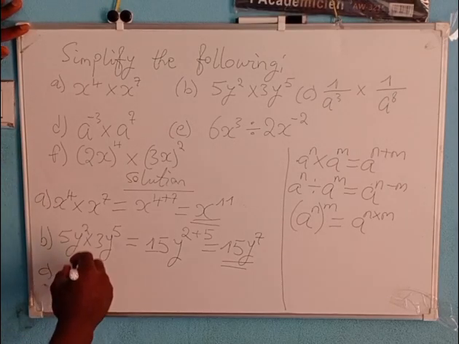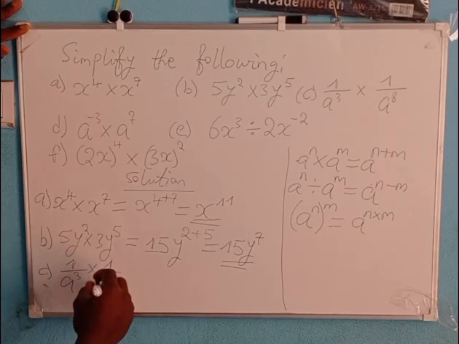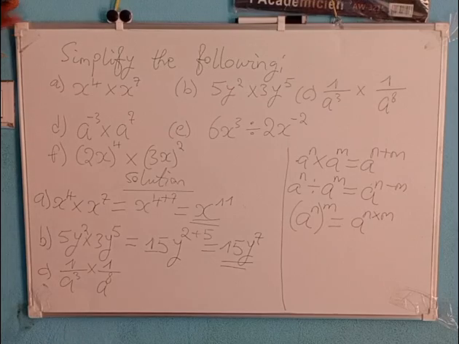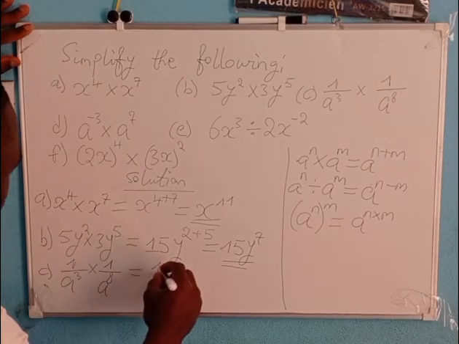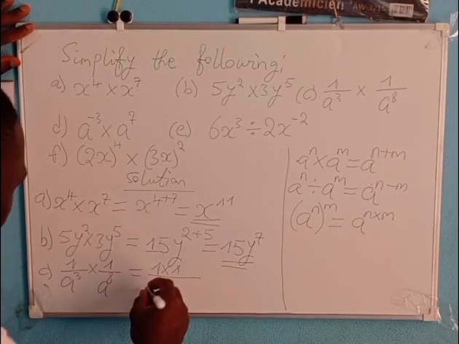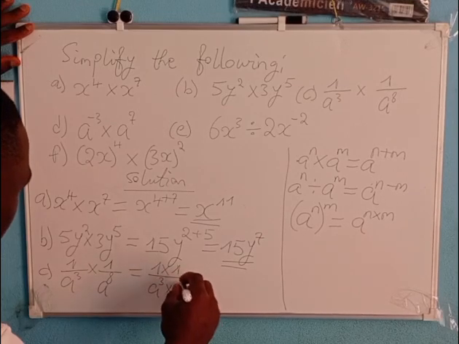We go now to C. For C, we have 1 all over a cube times 1 all over a raised to the power 8. For us to answer this, we have two fractions and we are multiplying them. We are going to multiply their numerators. 1 times 1 all over a cube times a to the power 8.